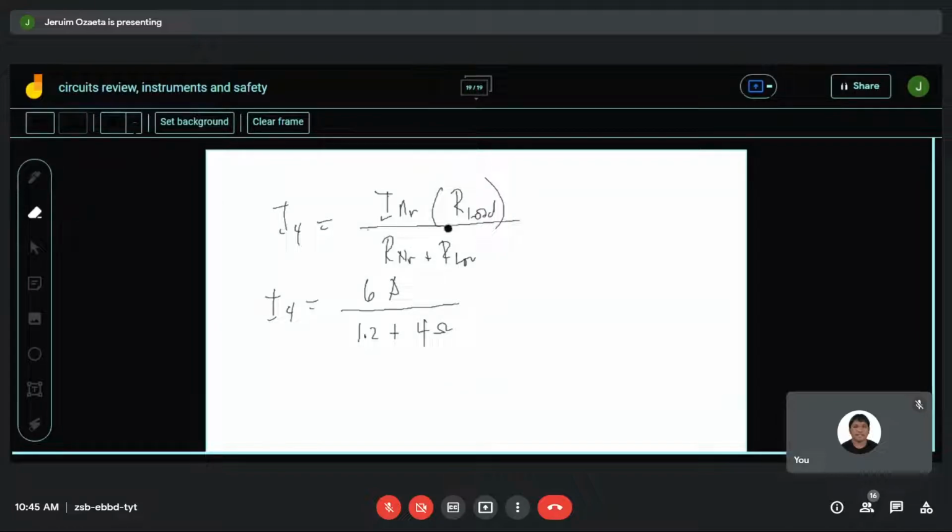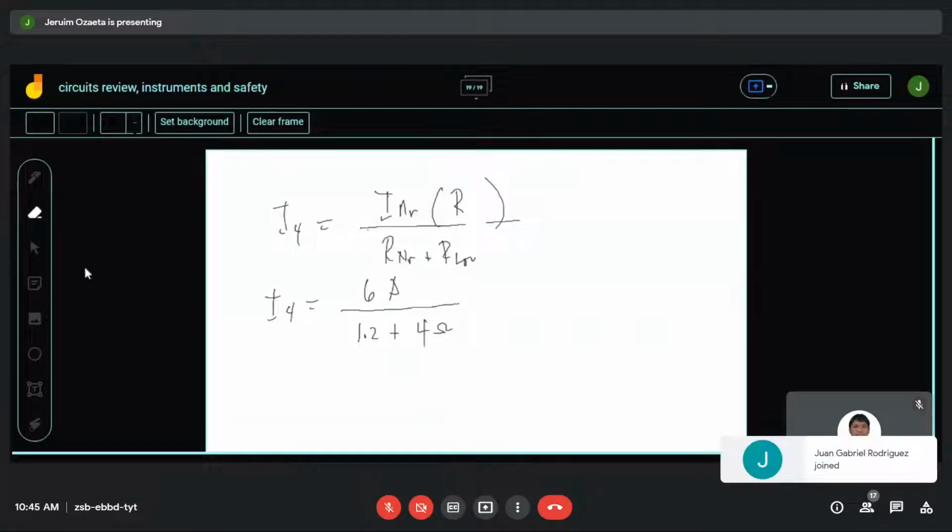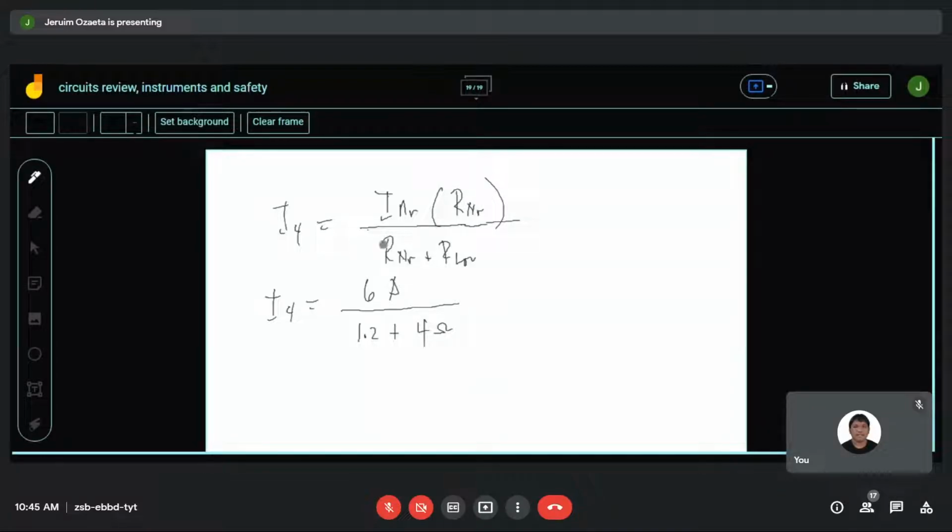Hindi load, because that is a current division. So ang figure niya, this is 6 amperes, 1.2.